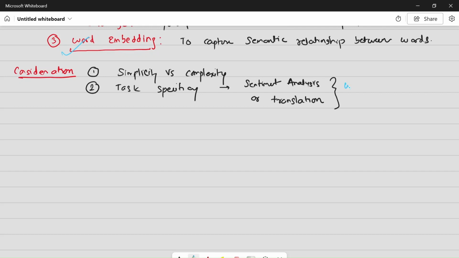Word embedding. This is a good technique to convert the text into numbers. So these are the second criteria to choose the text representation.